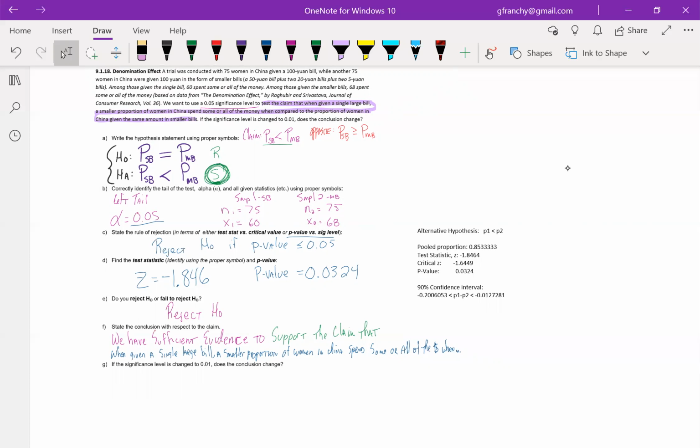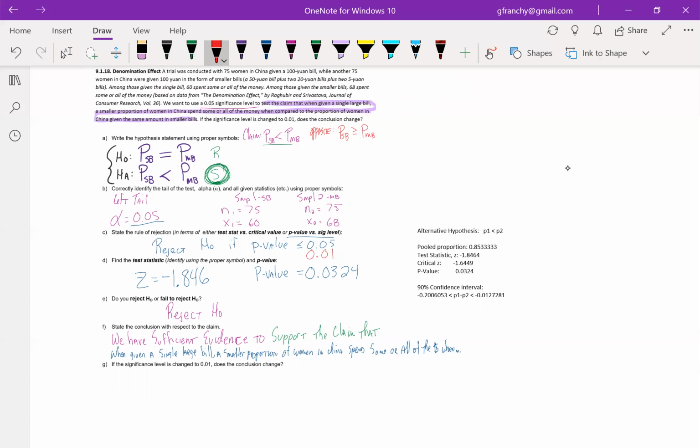Now, part G, if the significance level changed to 0.01, does the conclusion change? So if we were to change this to 0.01, are we still rejecting the null hypothesis? And the answer to that is no, we're not still rejecting the null hypothesis.